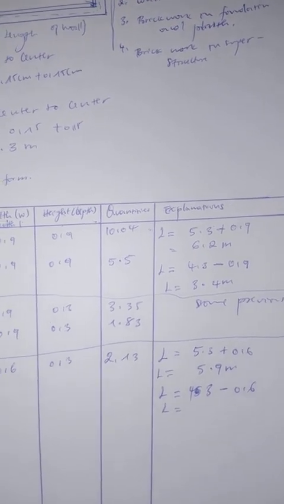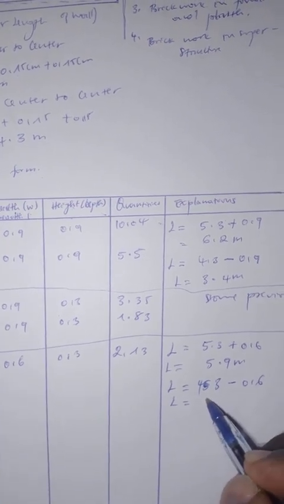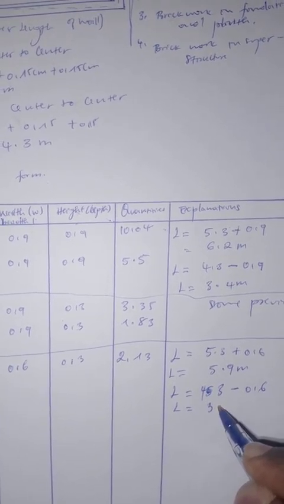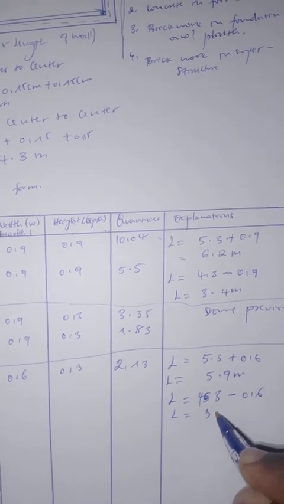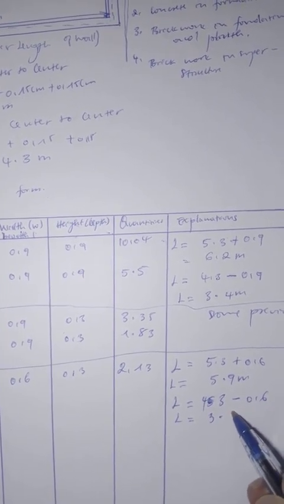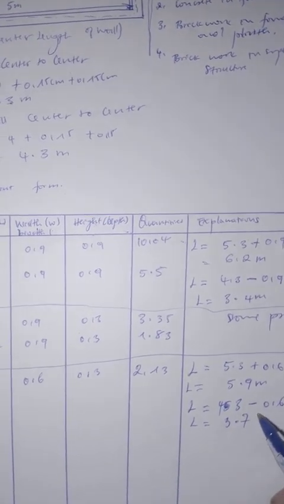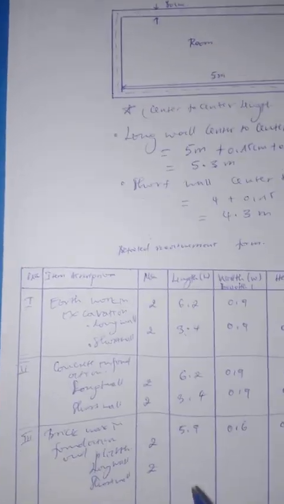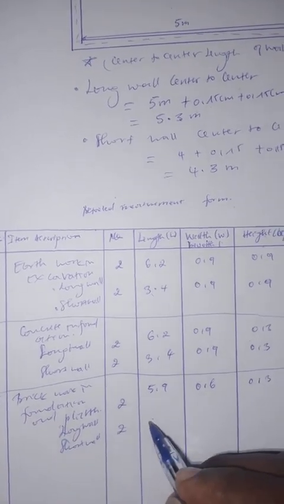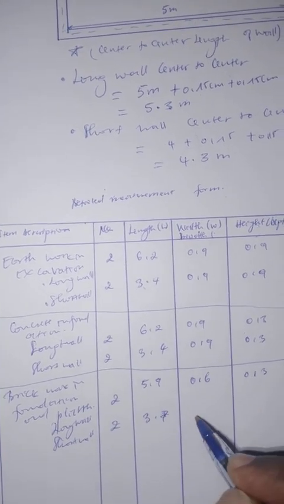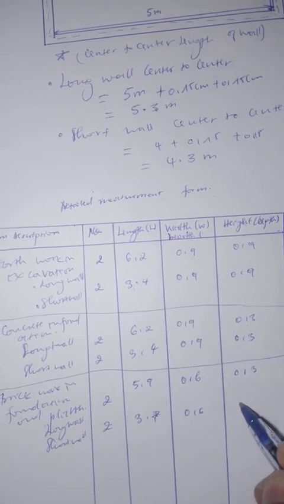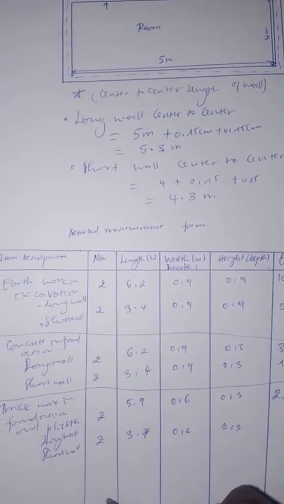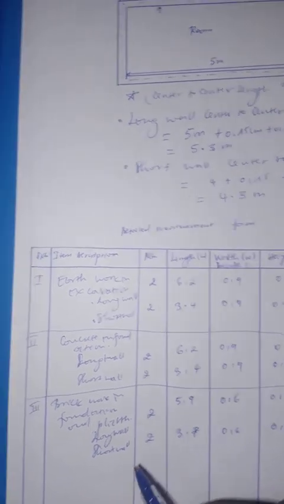Here we get 3.7 meter. Using 3.7 meter, multiply 0.6, multiply 0.3, we get the answer.